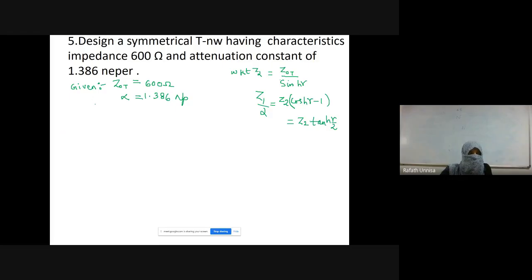Once we are familiar with this, we make use of this formula and proceed for this problem. So here you have Z2. For designing, again we are supposed to make use of this circuit diagram of the symmetrical T network.